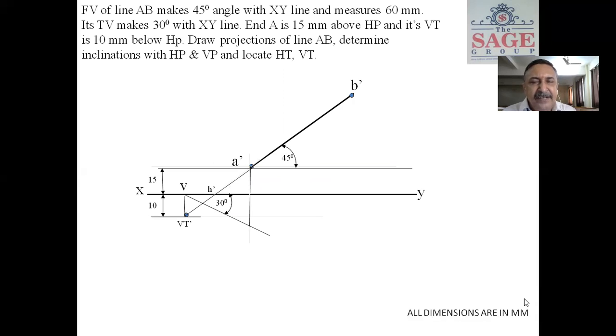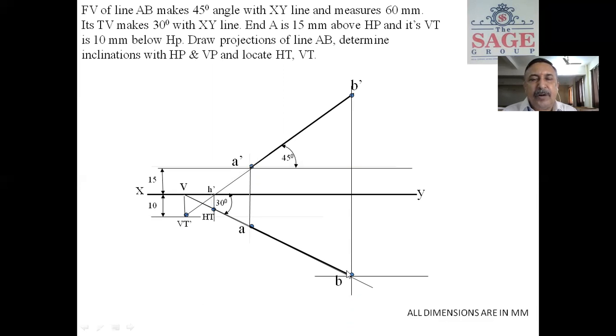On this line, we get the top view. We extend it to the projector of A dash, where we get A, and on the projector of B dash, we get B. So this is our top view, A and B. In this way, we complete the projections, front view and top view.